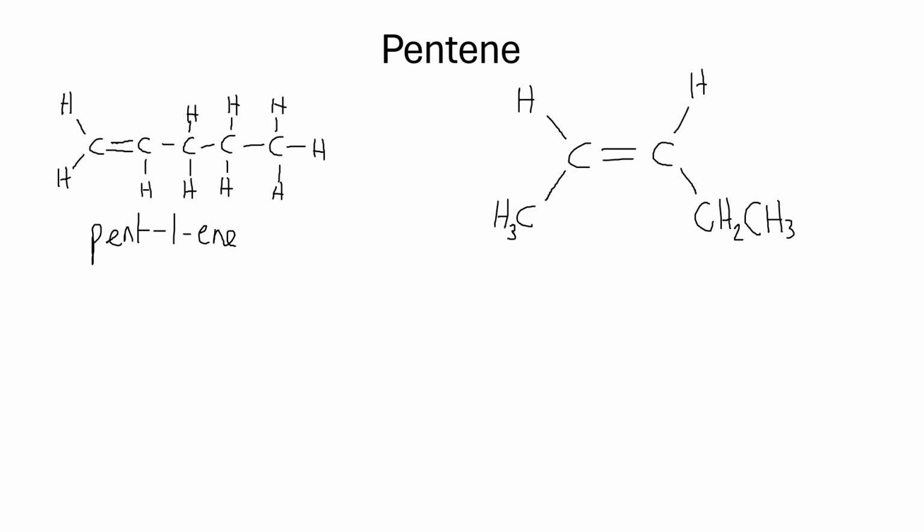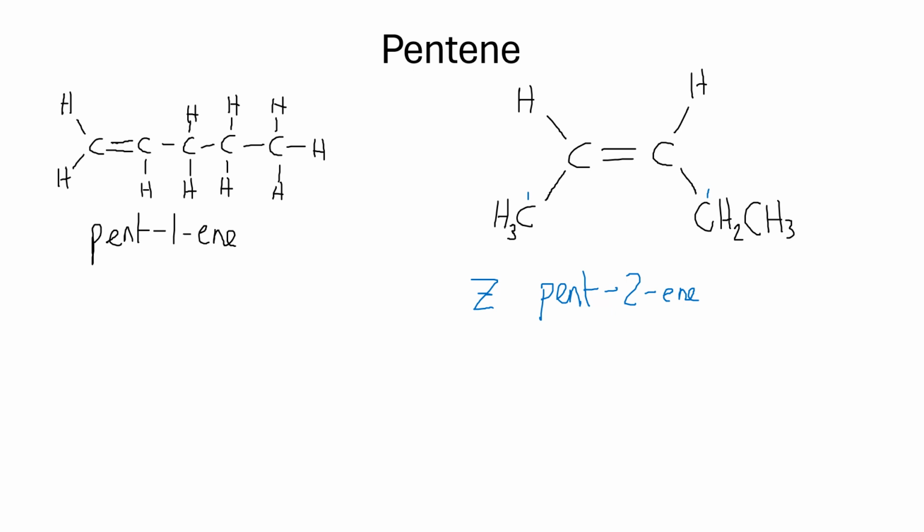And we would call this one Z-pent-2-ene. So the 2 is referring to the fact that the double bond starts on carbon number 2, and the Z is referring to the fact that this is the Z geometric isomer. The high priority groups are on the same side.